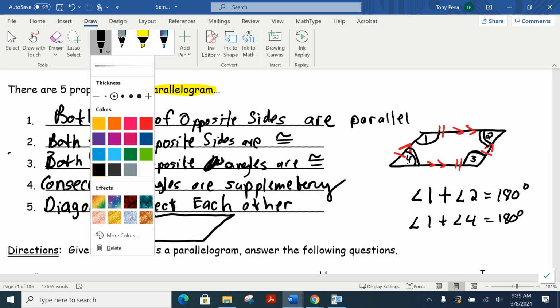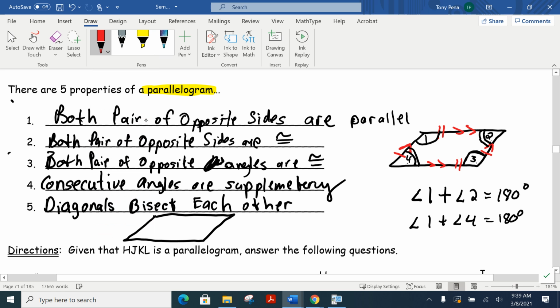Remember, diagonals connect the vertex. So let's go to this corner here, this vertex, to an opposite angle. So that's one diagonal. But we could also draw in a diagonal from here to the other opposite angle. That's a diagonal. They connect opposite vertices, is what you would have talked about last year with the diagonals.